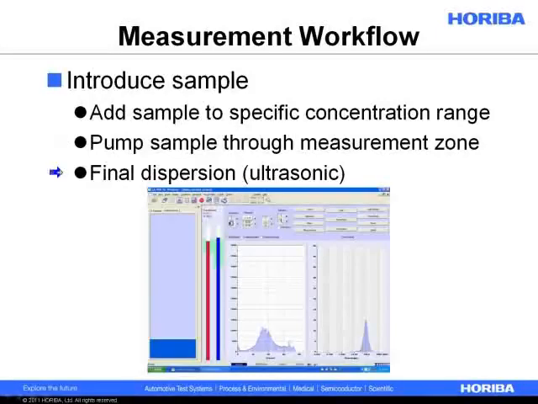Once you have that done, you may want to do some final dispersion. Most systems come with a built-in ultrasonic probe that you can turn on, and the purpose of the ultrasonic probe is that it adds some energy and it can reduce the particle size. Typically we want to avoid milling the particles, we just want to fully disperse them. No agglomerates.